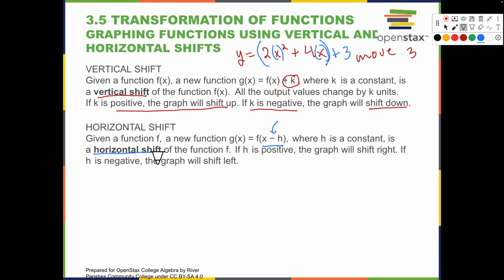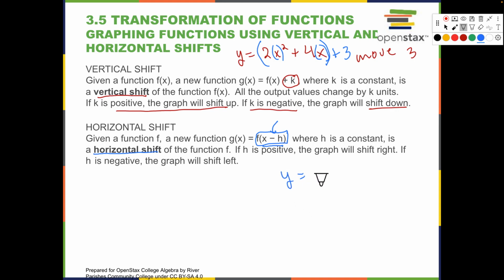Yes? So if they don't give you parentheses, how do you know if it's x minus h? When they use this notation, they will have the parentheses. And so again, let's take our function.